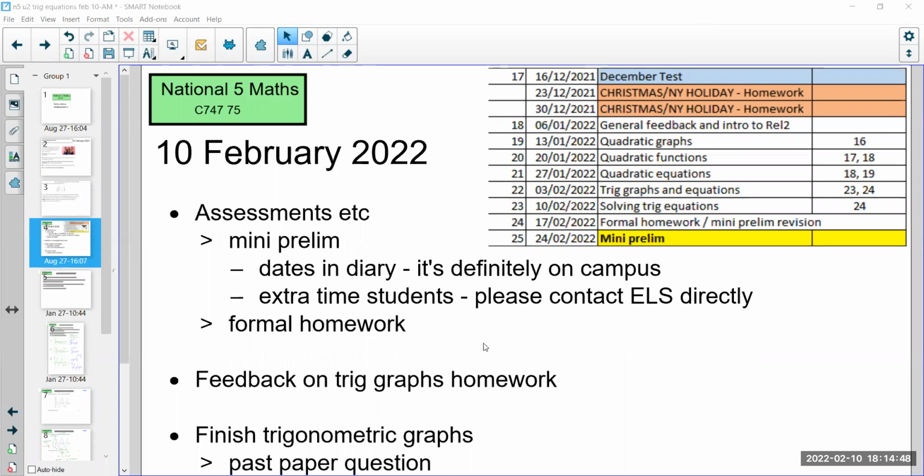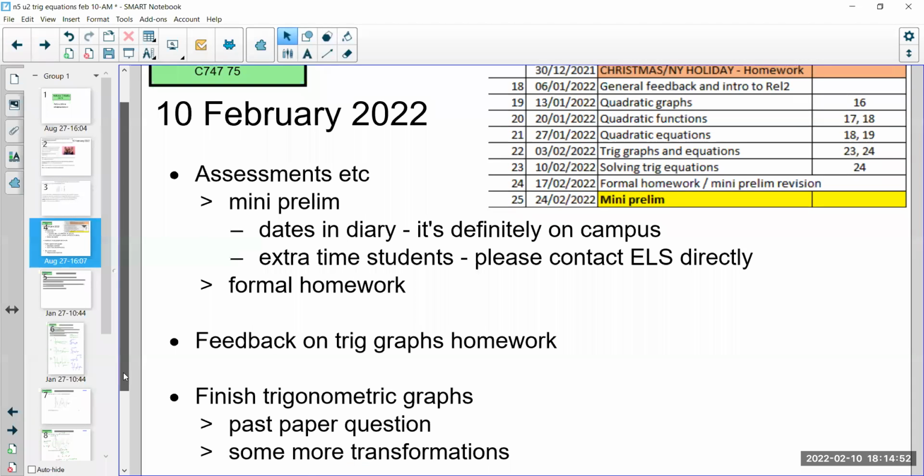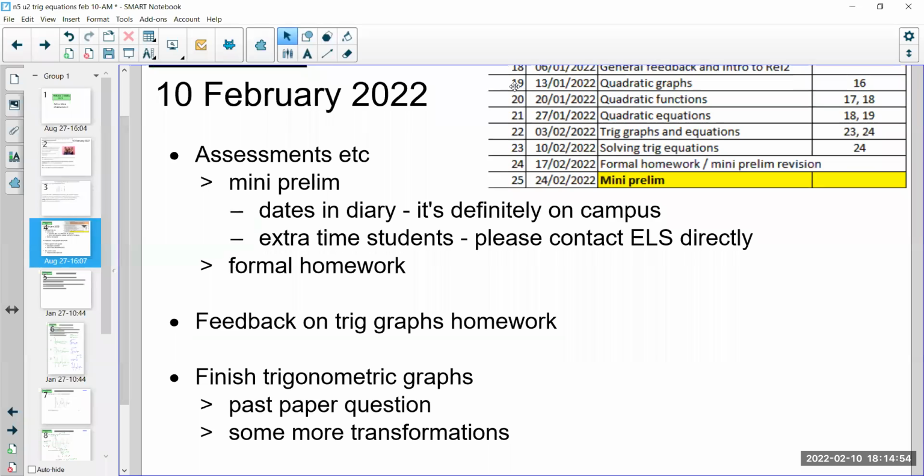The formal homework this week has been set up. Okay, so we expect high marks from you guys. So I'm going to give you some feedback today on trig graphs.